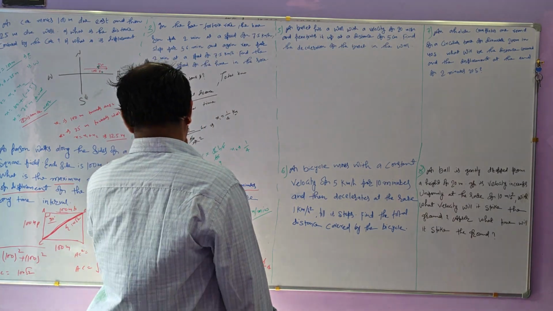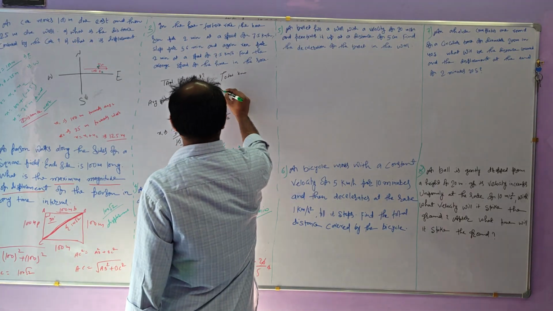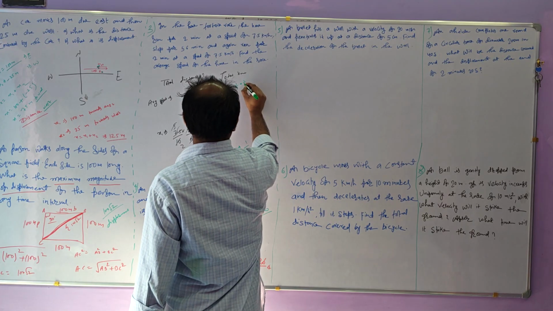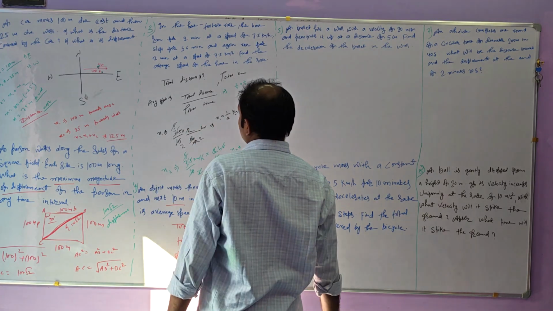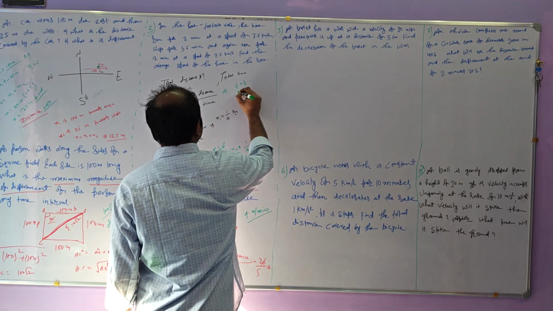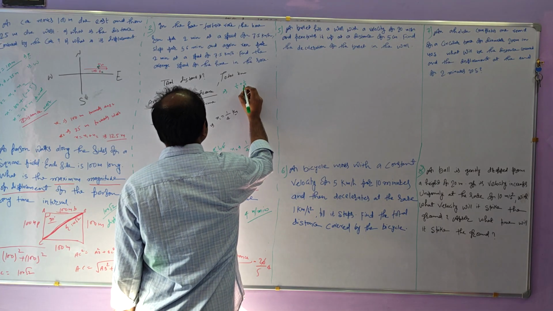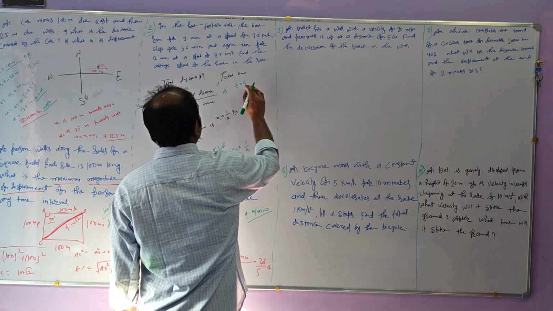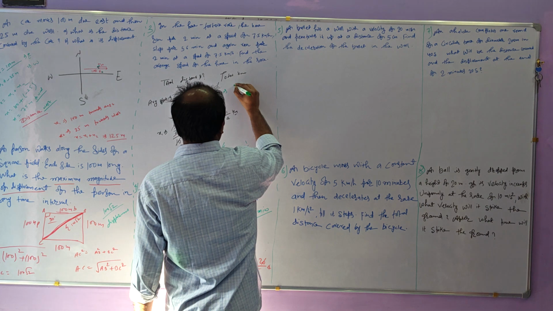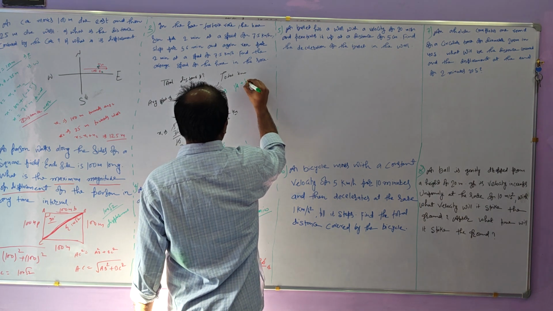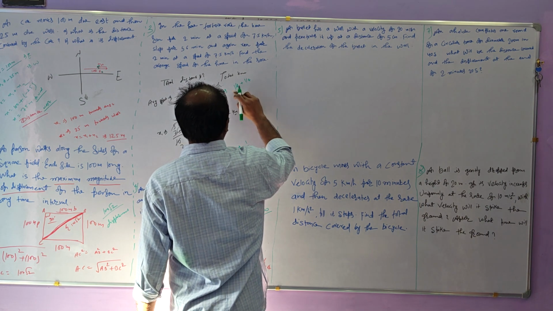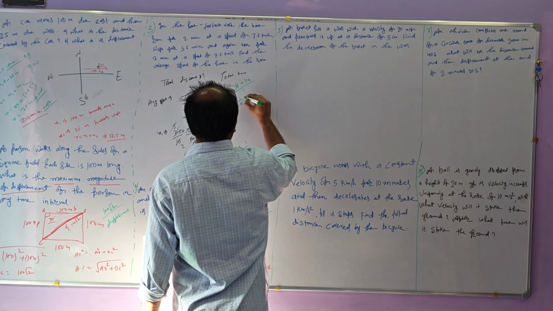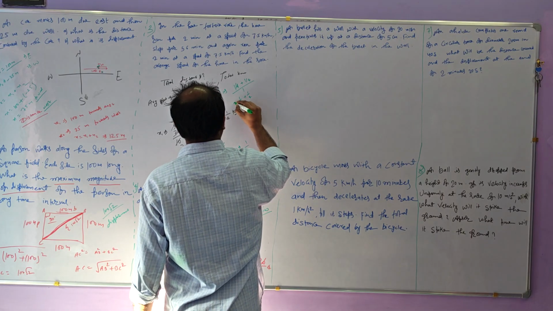So total distance upon total time. Total distance is 1 upon 4 plus 1 upon 4, and total time is 1 hour.